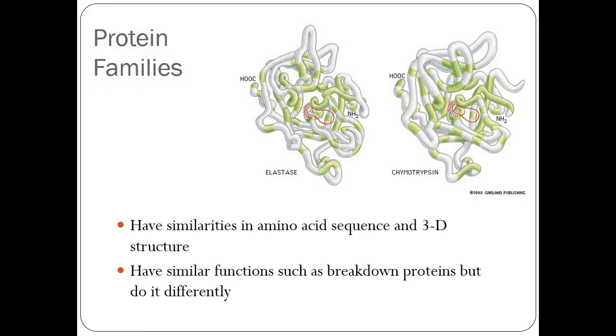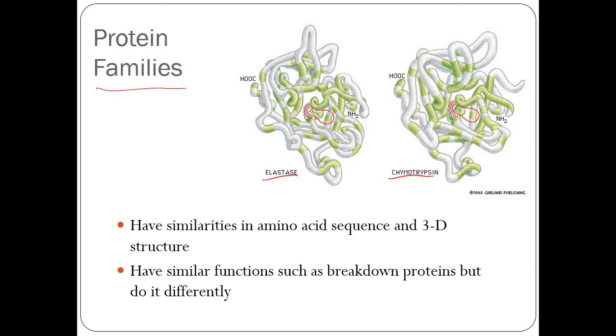Okay? We have protein families. So, ang protein families class, these are proteins that have similarities in amino acid sequence and 3D structure. So, for example, elastase and chymotrypsin. They have similar functions such as breaking down proteins but just a different mechanism. Okay? That's why they are what we call protein families.